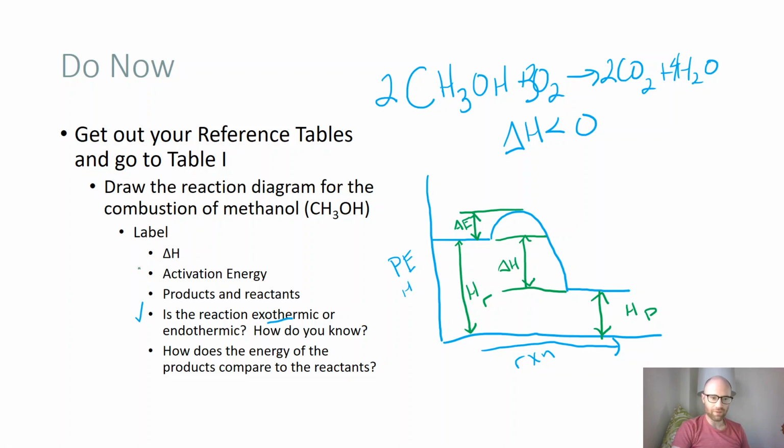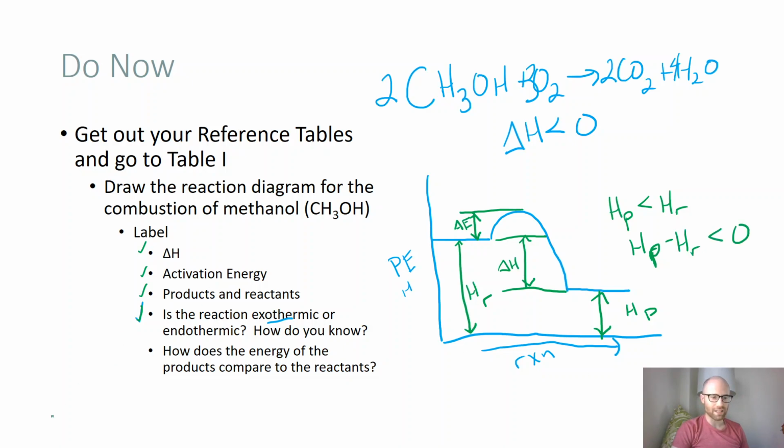So I think I've covered everything: delta H, activation energy, products and reactants. We already said it was exothermic. You can see here that the height for the products is less than the reactants, so that HP is less than HR, so that HP minus HR is less than 0.